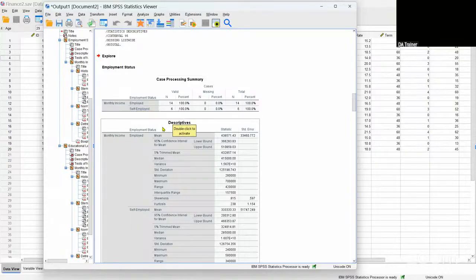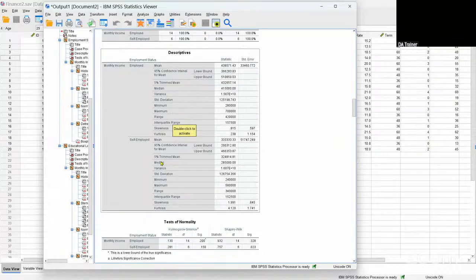Now coming to the descriptive information for income, we have the 95% interval. The lower bound is 366,283. Have in mind we saw the minimum and maximum values initially.